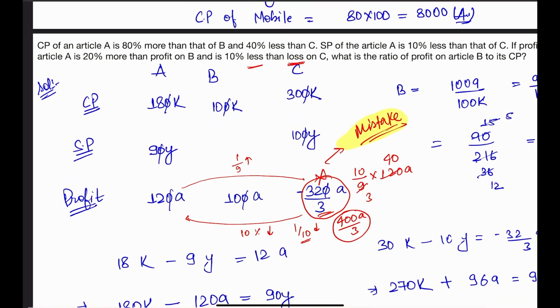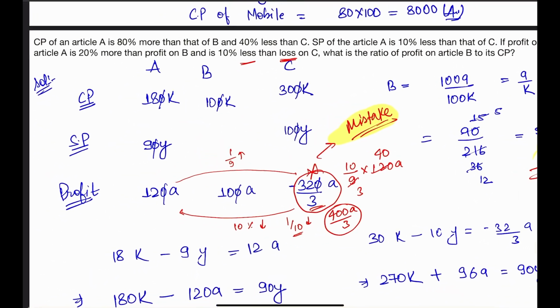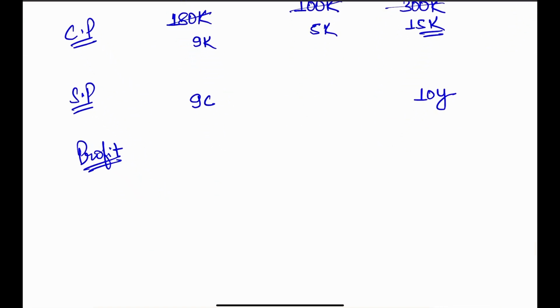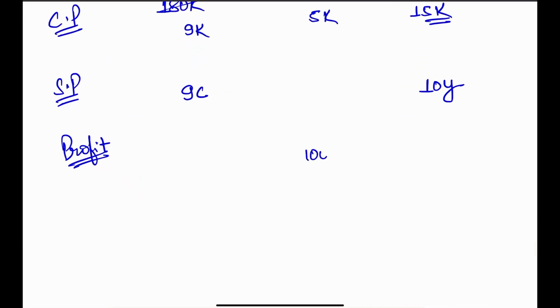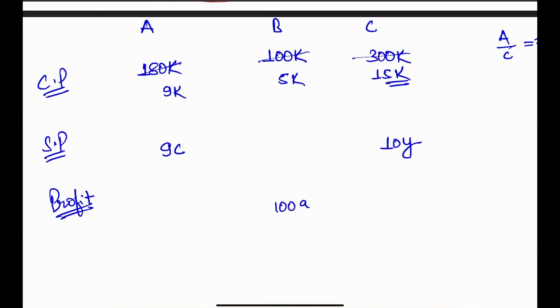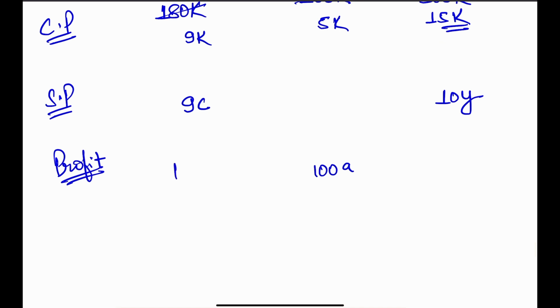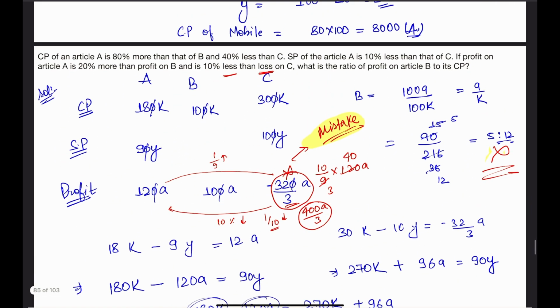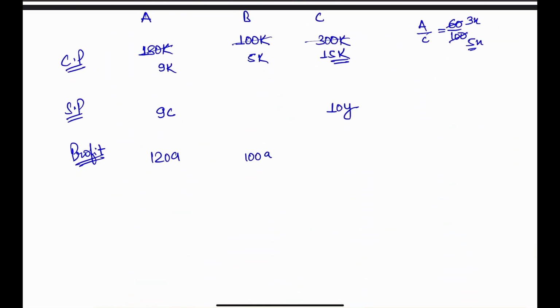And the last one: the profit of article A is 20% more than the profit on B. So on B, let's take in the beginning 100A. A is 20% more than B, so it will be 120A, and then 10% less than C.